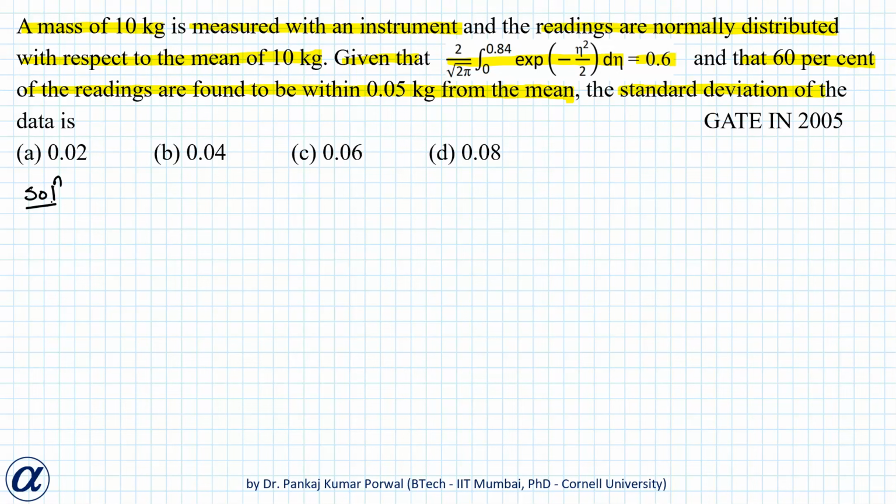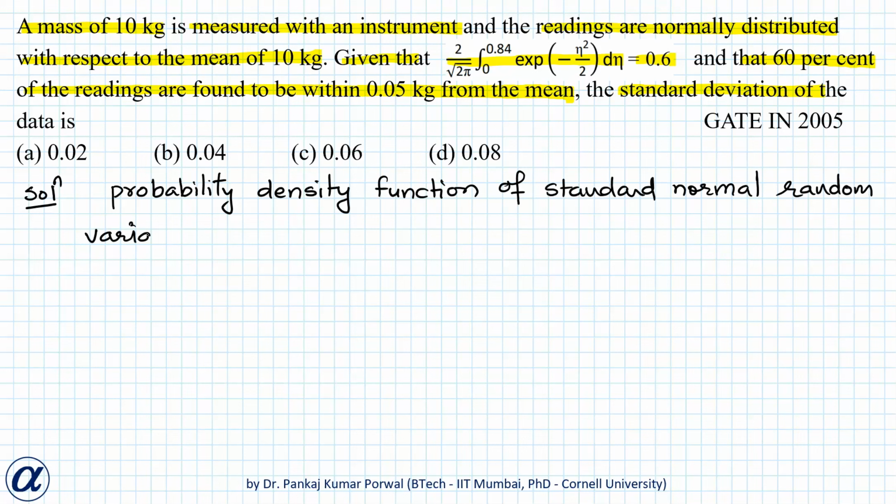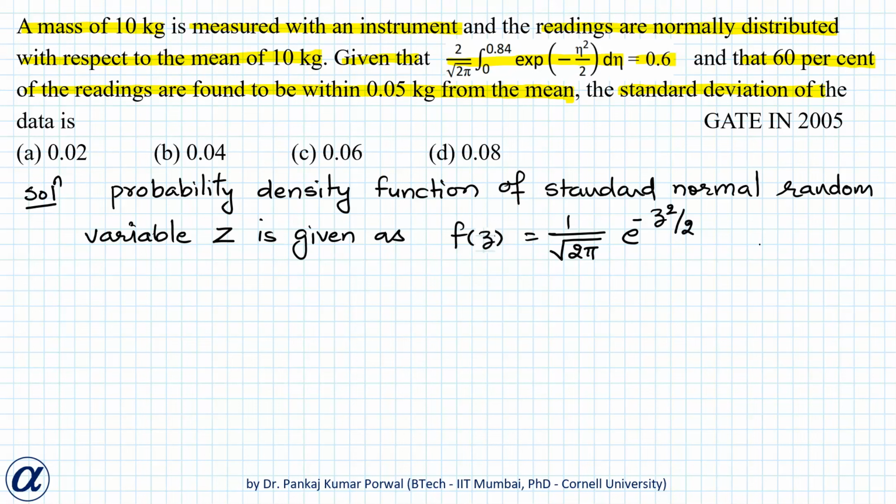So first note that the probability density function of standard normal random variable capital Z is given as f(z) equals 1 upon root 2 pi e to the power minus z squared by 2, and z lies from minus infinity to plus infinity.